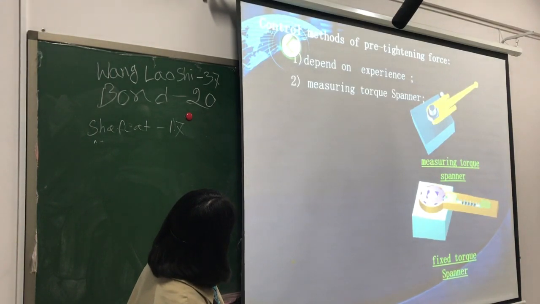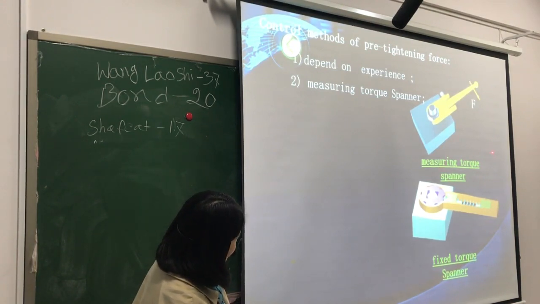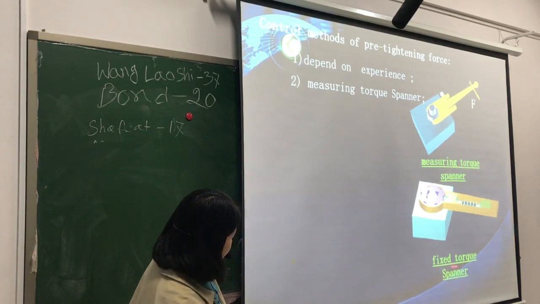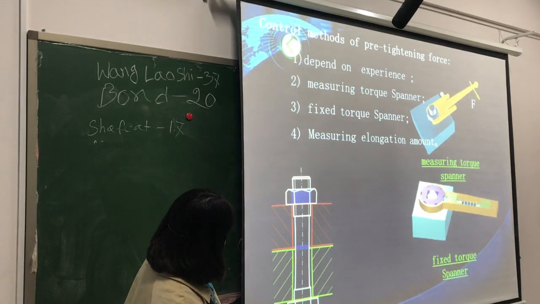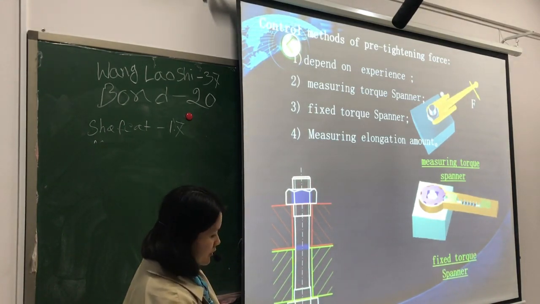And these are the control measures of the pre-tightening force. Use measuring torque spanners or fixed torque spanners, or we can measure the elongation of the bolt.